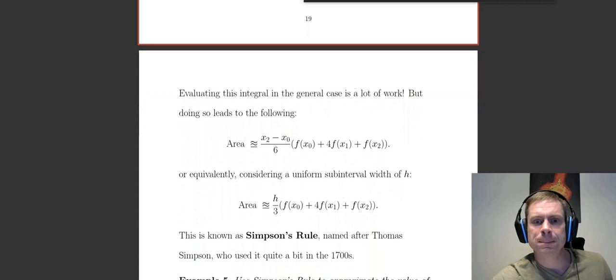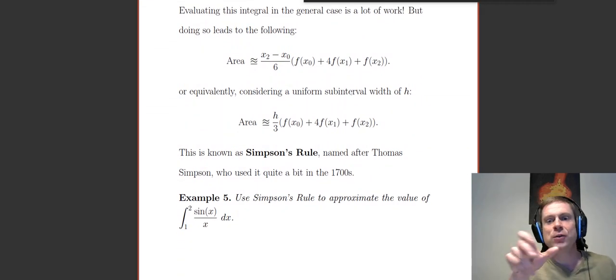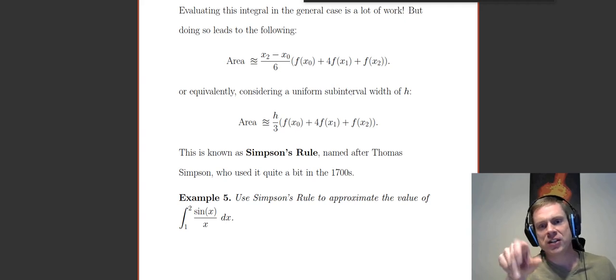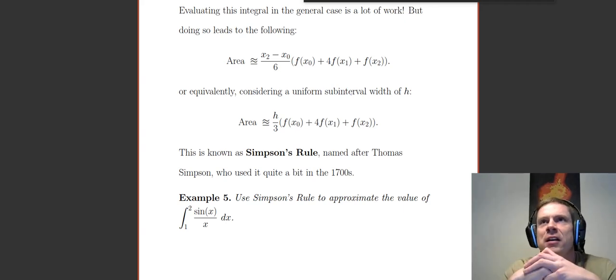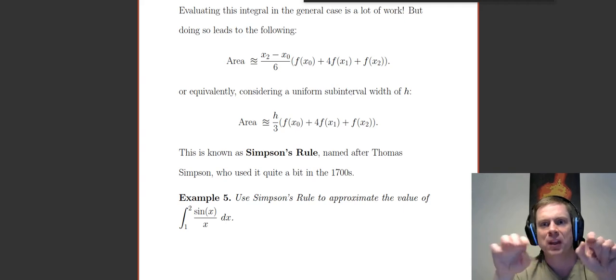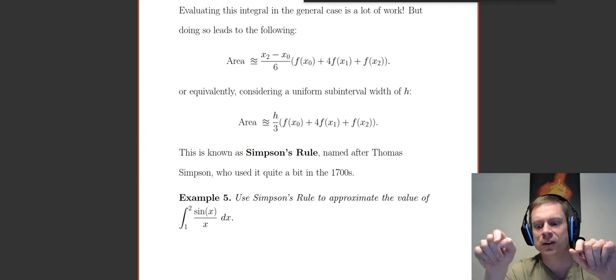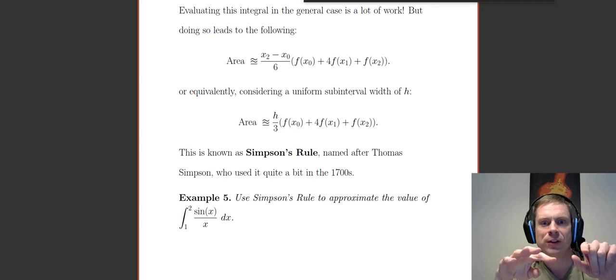Typically, right, like if you're considering a uniform subinterval, you can change this around because in that case, x2 minus x0, well, if you've evenly spaced the three points, then each one's going to have a width of (x2 - x0)/2 for the two subintervals.